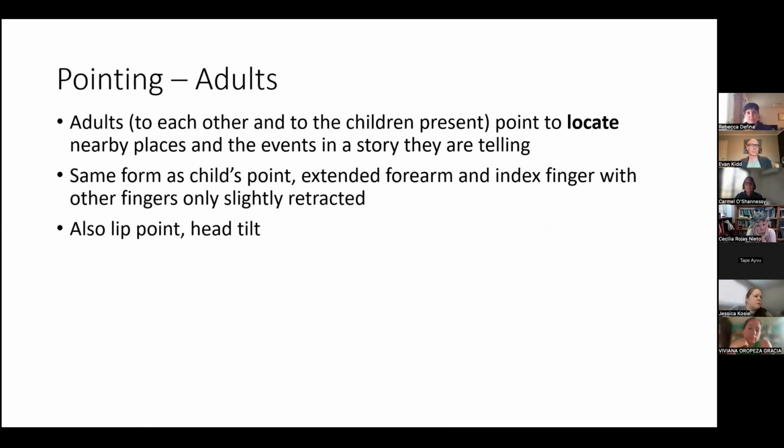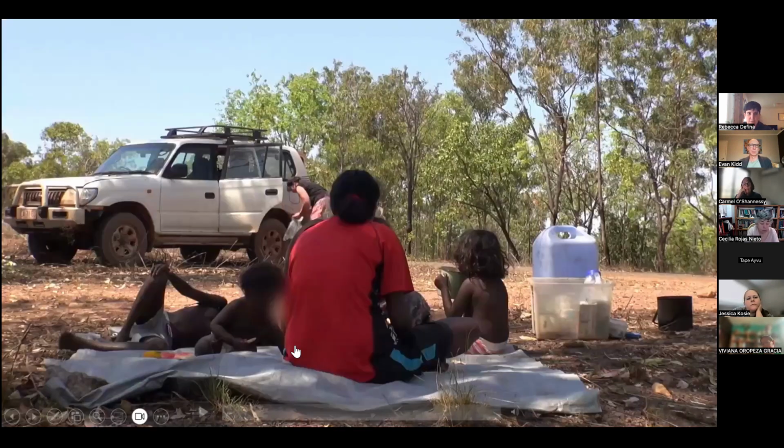Adults point as well, both to each other and to the children, and they're pointing to locate nearby places and the events in stories that they tell and in various other interactions. So as an example here, two adults sitting with children telling a story and pointing to locate various places in that story. They're using the same form as the child's point. They also use a lip point and a head tilt. So just play that example.